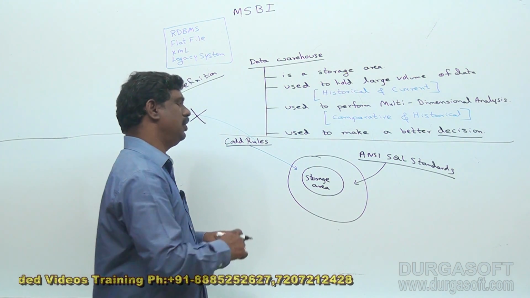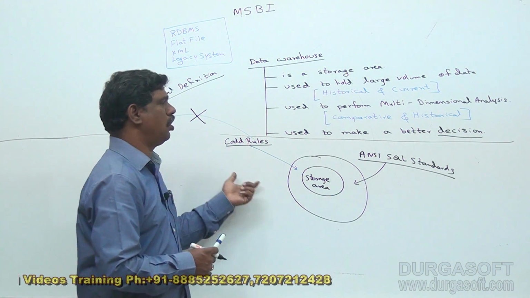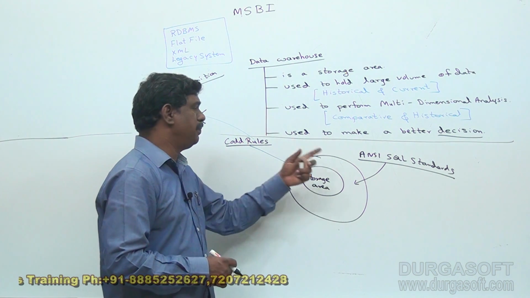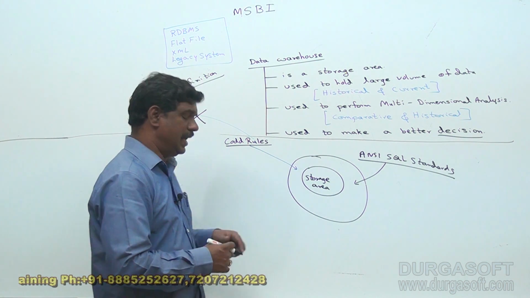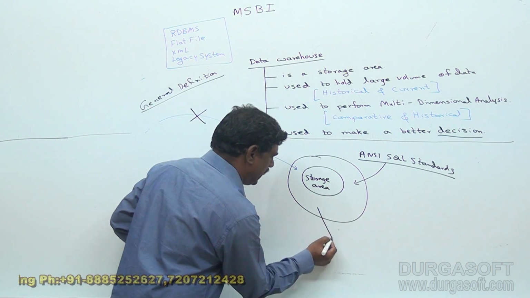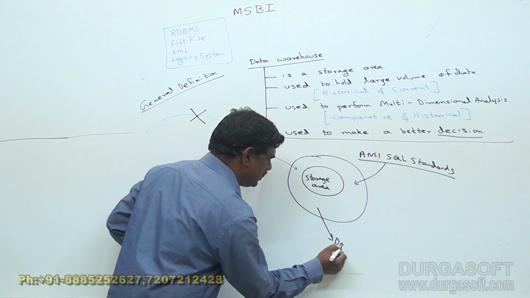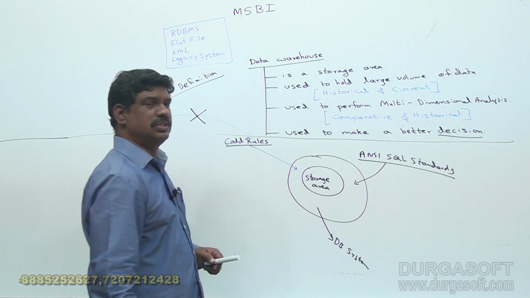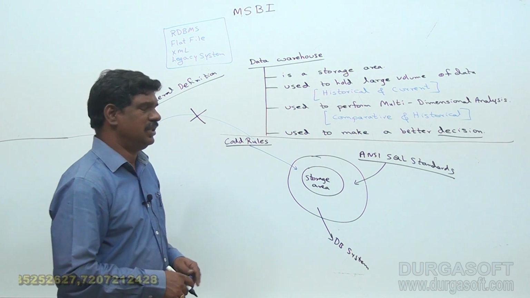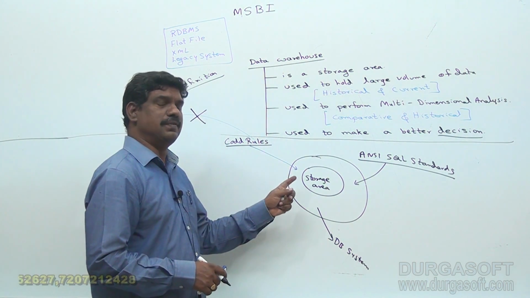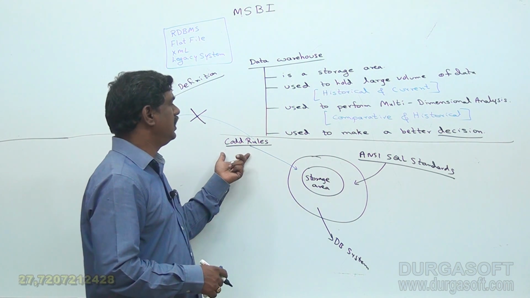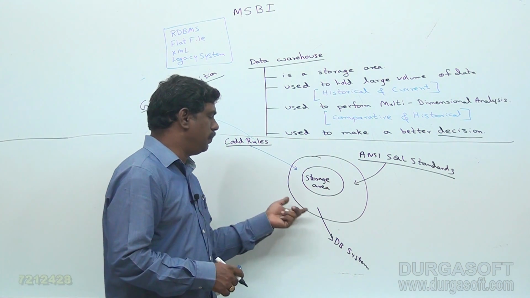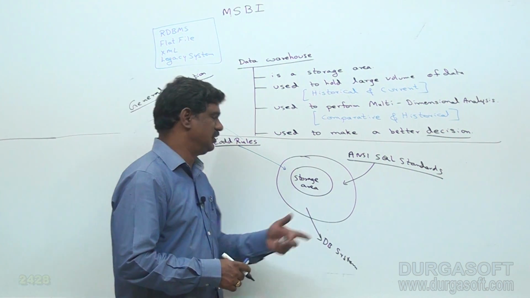That means if you implement some specifications from Codd rules and ANSI SQL standards on the storage area with some programming technique, then this system can be called a database system. So simply storage is not a database. It is a storage which is fulfilling certain rules and regulations. So that particular component you are calling a database.